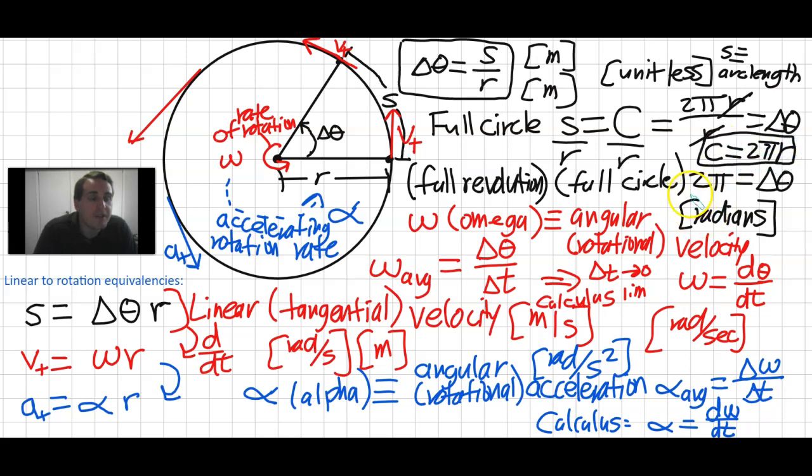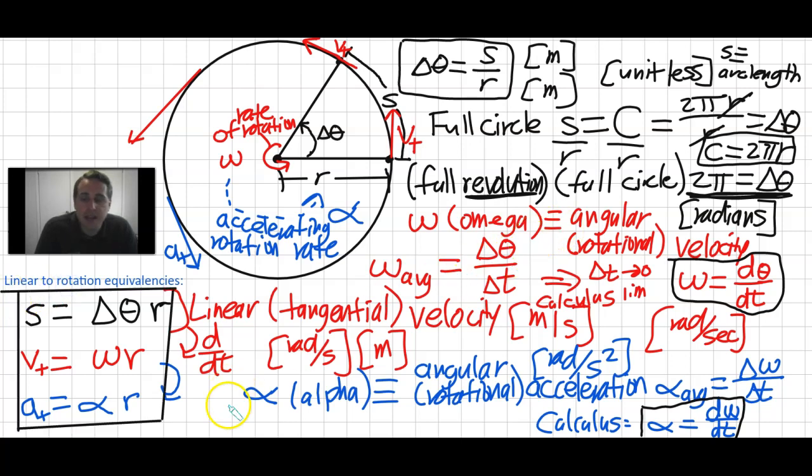We have the definition of radians, that 2 pi radians is 1 revolution. We have the definition of angular velocity as the change in angle over change in time. We have the definition of angular acceleration as the change in angular velocity over change in time. We have these linear to rotational equivalencies. And let's see, anything else?